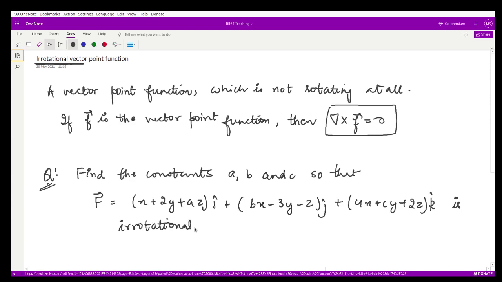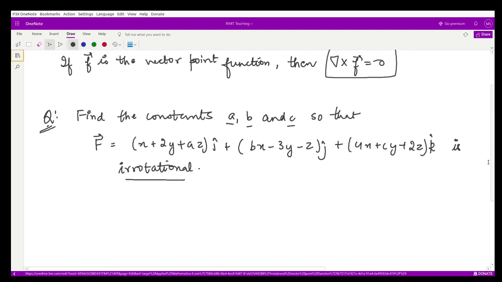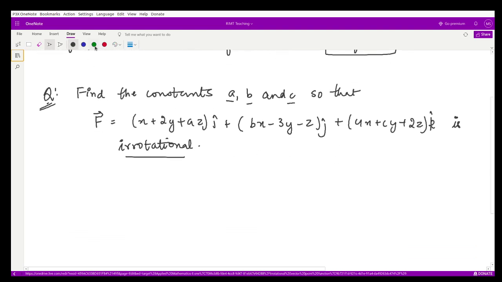So here, in order to compute these a, b, c quantities, we are to take the curl of this particular vector.